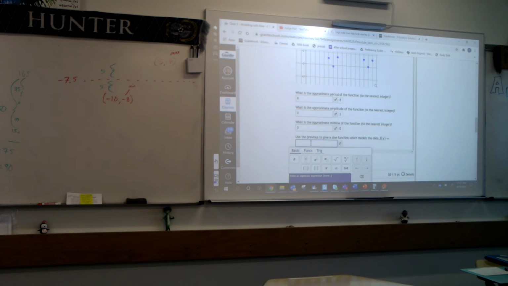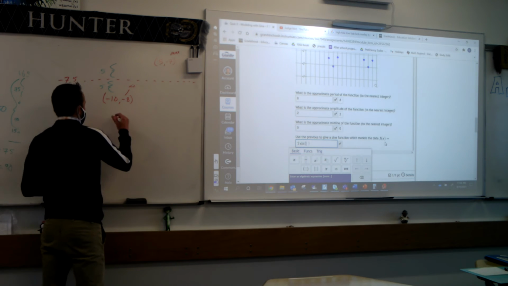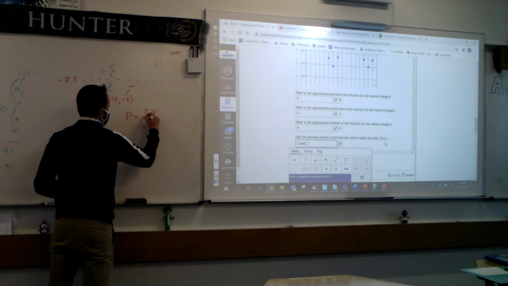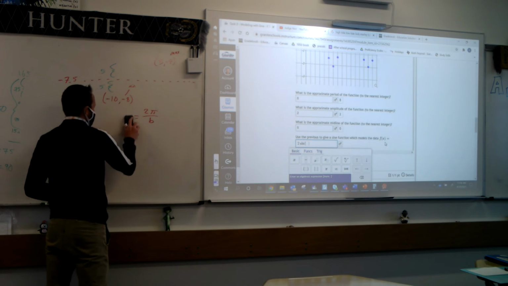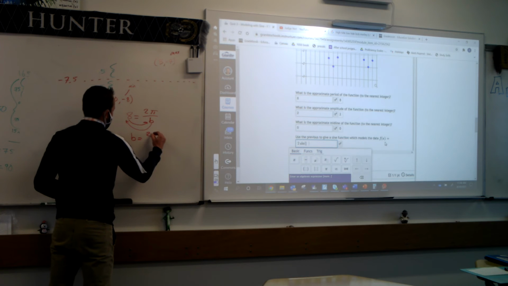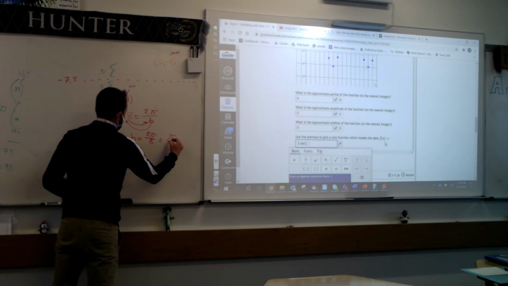So if I put that all together, f of x is equal to 2 sine of... Now the question is, what do we let b be? Remember, period is 2 pi over b, and the period is 8, according to what Oscar just told us. So we're going to switch spots with b and 8. So b is 2 pi over 8, which reduces to pi over 4.